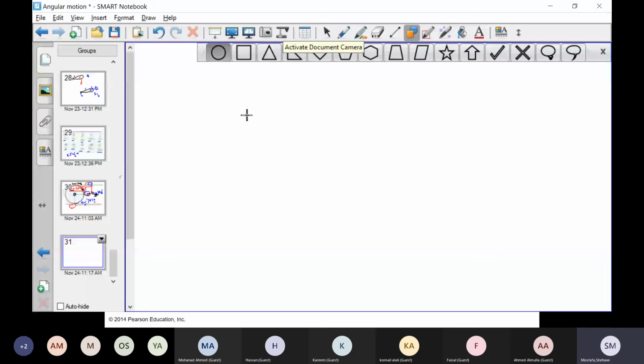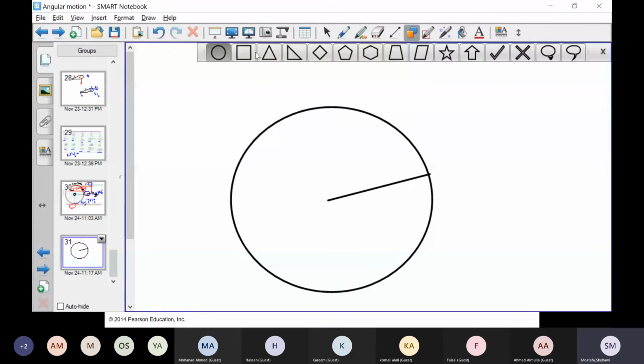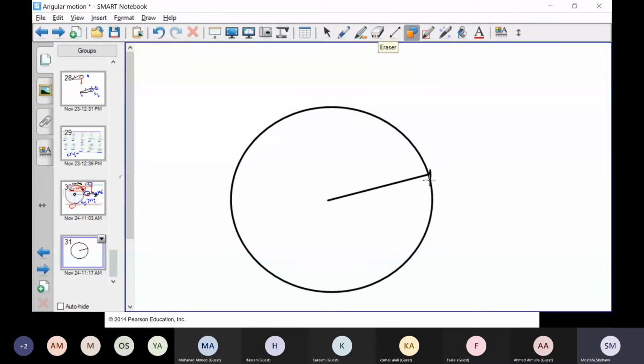So that's a new slide, and we will have an object here that is rotating, one object here, mass 1, at this point, and we have two other masses, one here and one there.